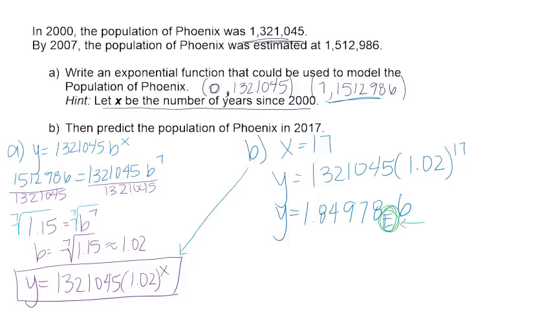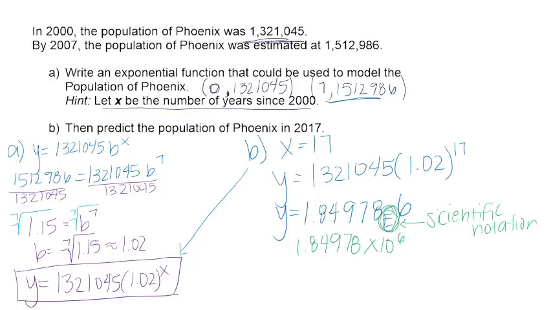That E is scientific notation. So what this really means is 1.84978 times 10 to the 6th power. So that E is just basically taking the place of that times 10 to that part.